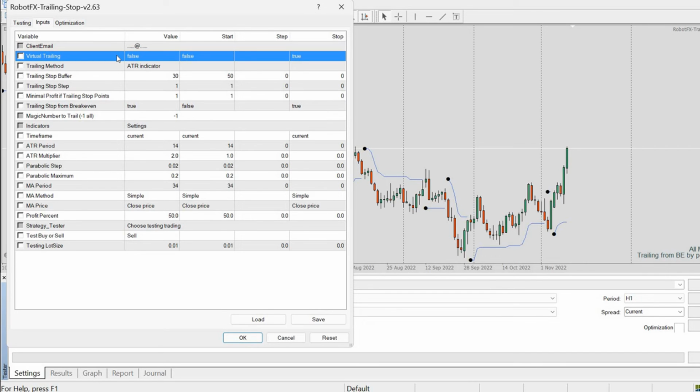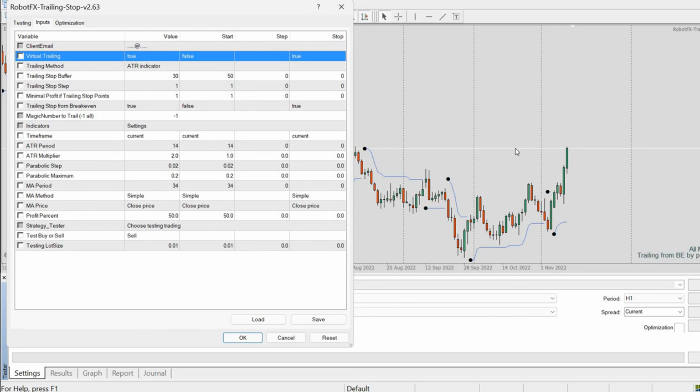The traders have the possibility to enable or disable virtual trailing, and this has been implemented for those traders who like their privacy. Basically, if you set virtual trailing to true, then the expert advisor will not place the visible stop loss on the chart. It will still trail the price and place the stop loss according to this criteria.